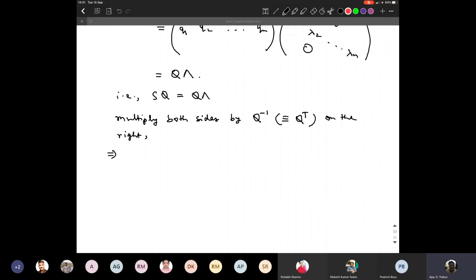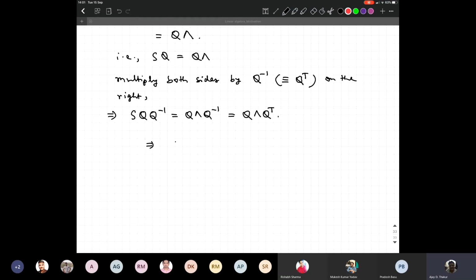So that will imply that SQ Q inverse equals Q lambda Q inverse, which is Q lambda Q transpose, and that will write as S equals Q lambda Q transpose. So this is the spectral decomposition, and the result is also known as the spectral theorem.